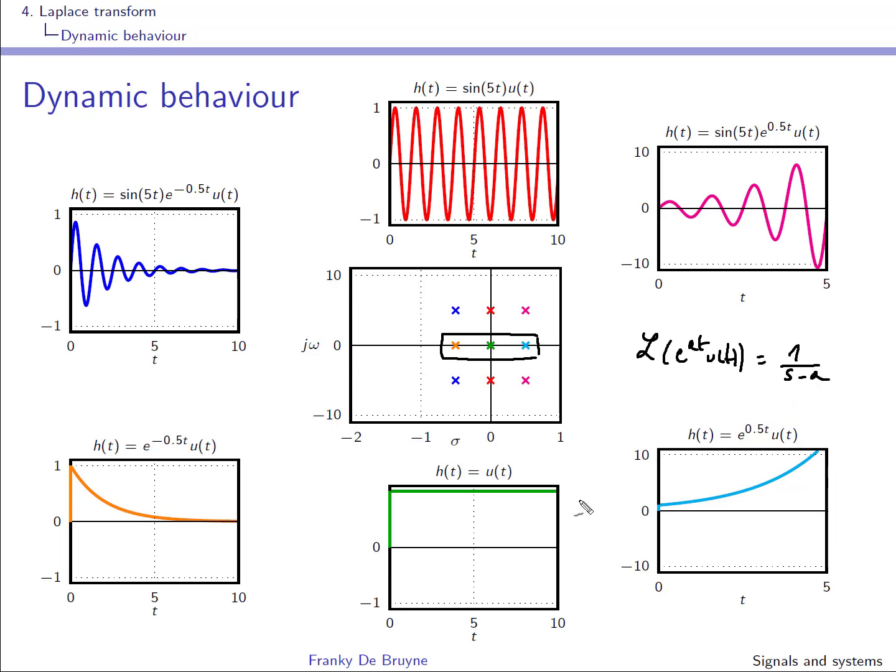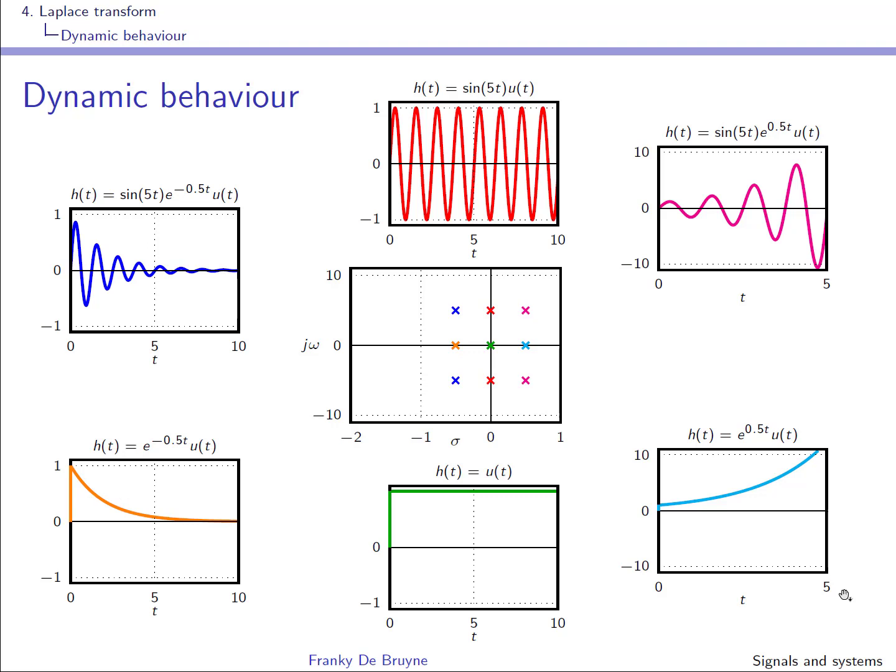Here a is 0, so, well, e of 0t, that's of course 1, and so you have a system that has as an impulse response a unit step, and these systems are called integrator systems because the impulse response, which is a step, is the integration of the input signal, which is the Dirac impulse. And if a is negative, okay, well, then you have a pole on the left side and you'll have a decaying exponential.